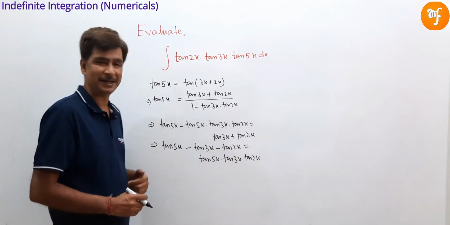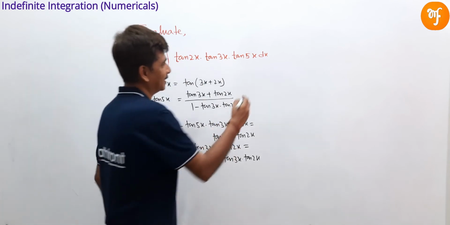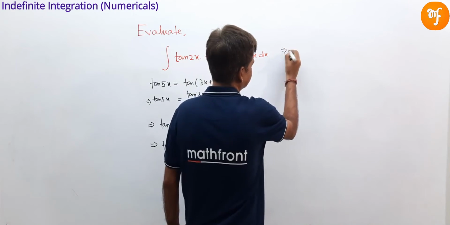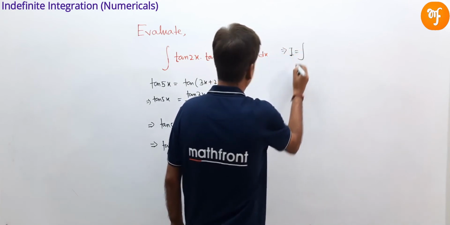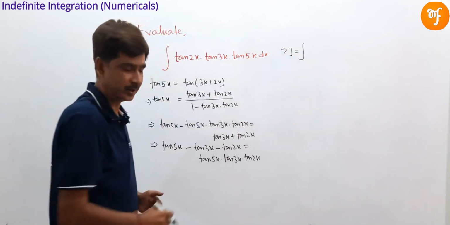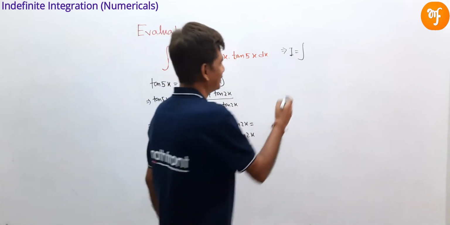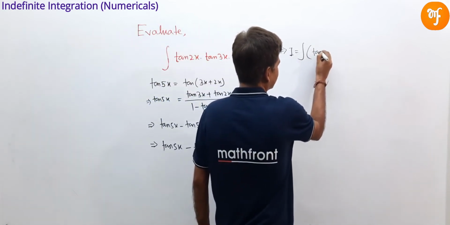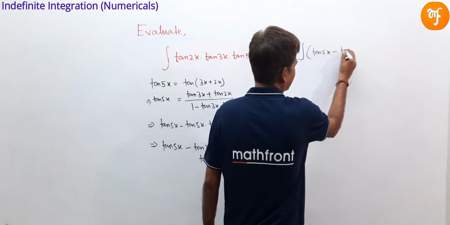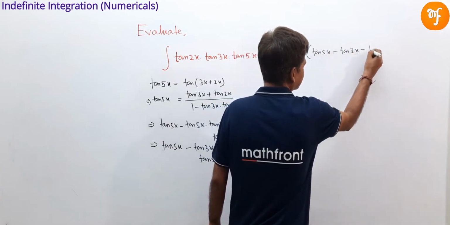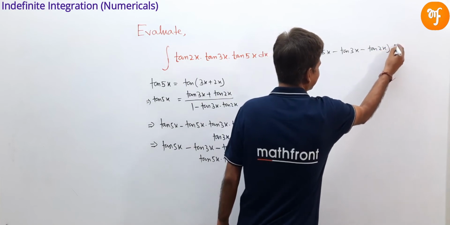So what will be the integration? I is equal to the integration of tan of 5x minus tan of 3x minus tan of 2x dx.